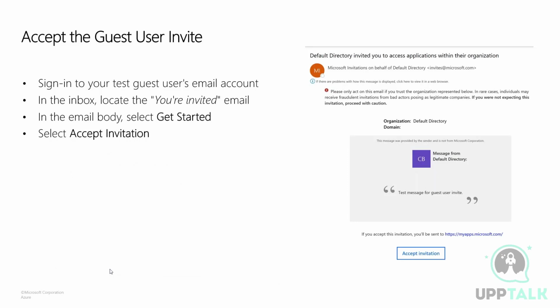Once the invitation is sent, another user will receive this email, and the person has to accept the invitation. What you are seeing over here is the email content being received by the user.